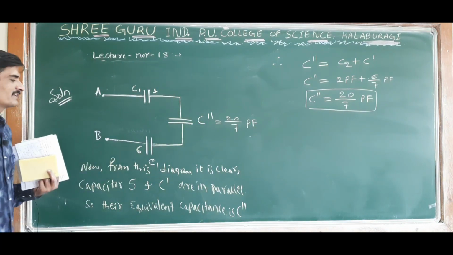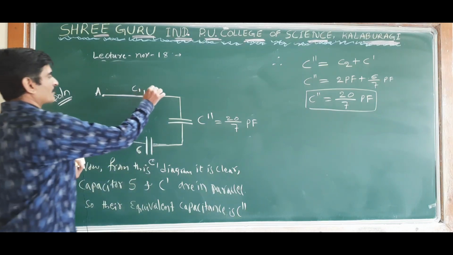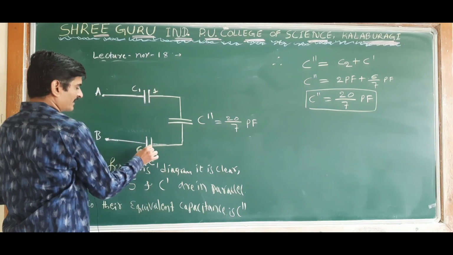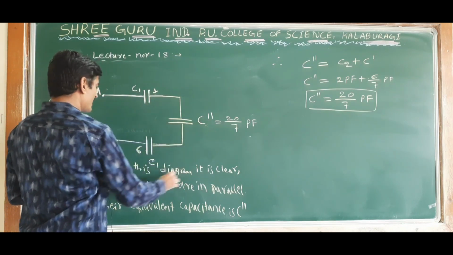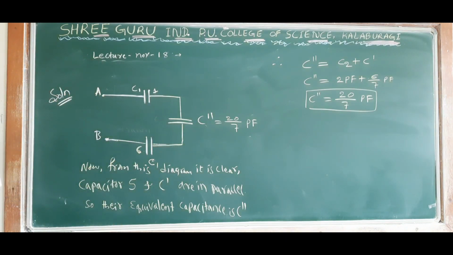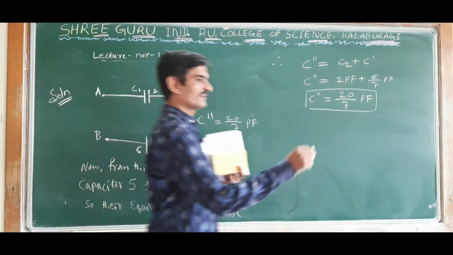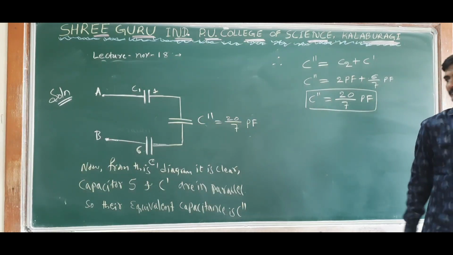So now from this diagram, capacitor 1, C double dash and capacitor 6, how are they connected? Are they in series or parallel? See the diagram. They are in series.